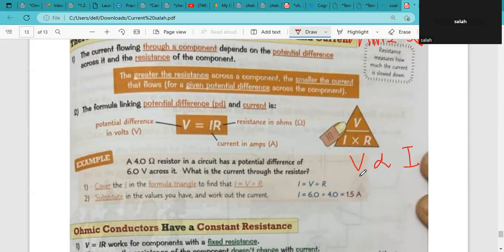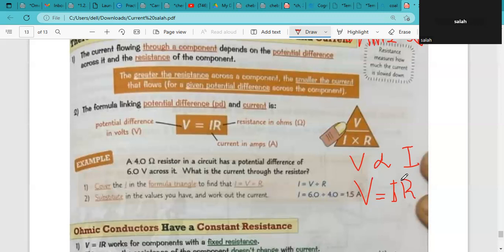When we see practically what happens when we provide potential difference to the circuit and the flow of current, we found there is some kind of resistance. Ohm found that there is some kind of resistance, so when he made the equation, he used a variable R for the resistance.